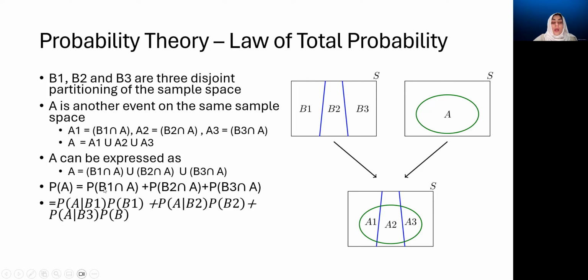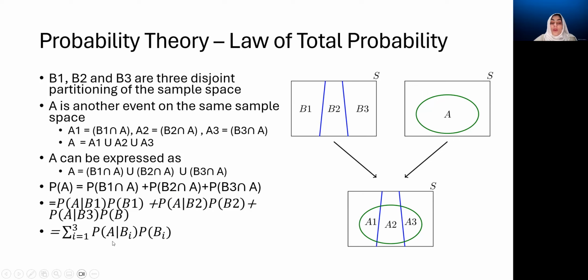So here, we take B1 as the given event, and we calculate the probability of B1 intersection A as P of A given B1 into P of B1. Similarly, for B2 intersection A, we use the same expression, and we compute it as P of A given B2 into P of B2, and similarly for this third partition, which is A3.